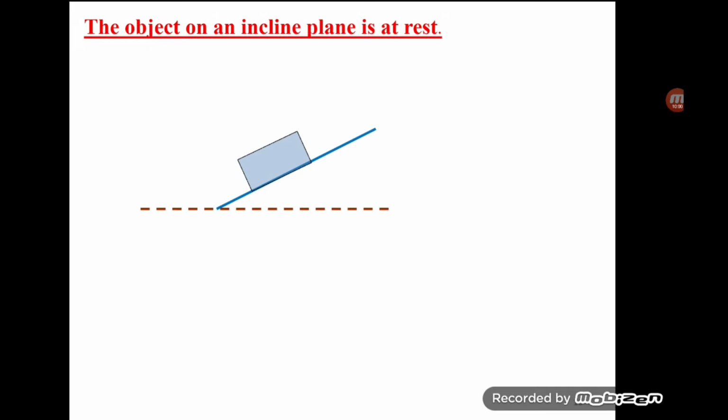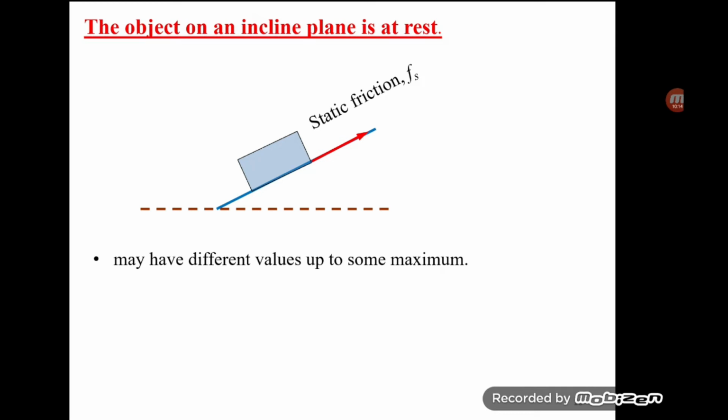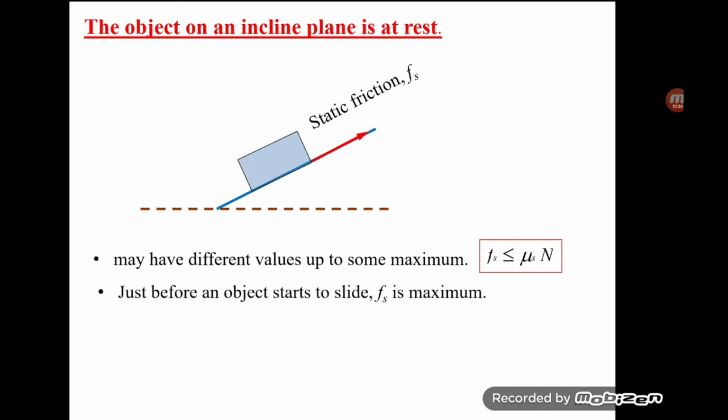The object on an inclined plane is at rest. So the object has a static friction. It may have different values up to some maximum. Friction is equal to or less than mu s N. Just before an object starts to slide, Fs is maximum.